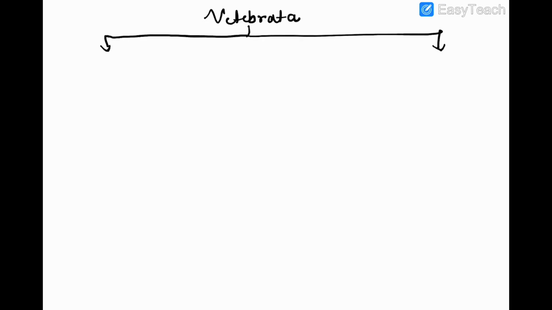Now let us look at how Vertebrata is classified. Vertebrata is classified into two main divisions: division Agnatha and division Gnathostomata.